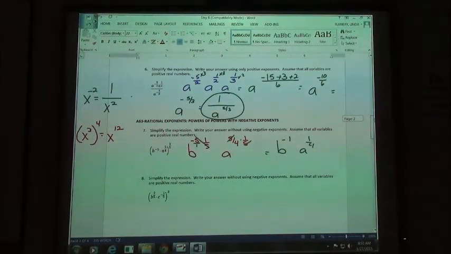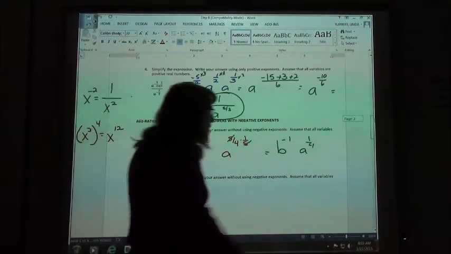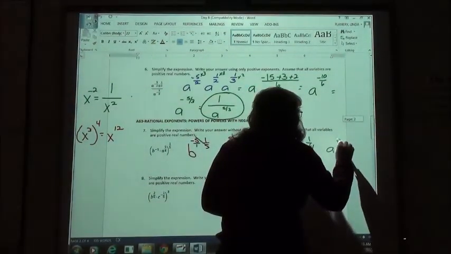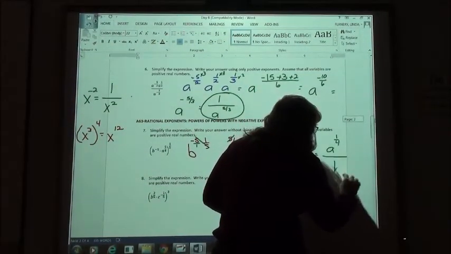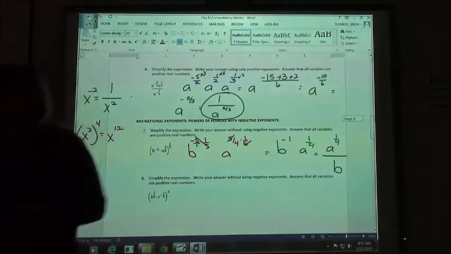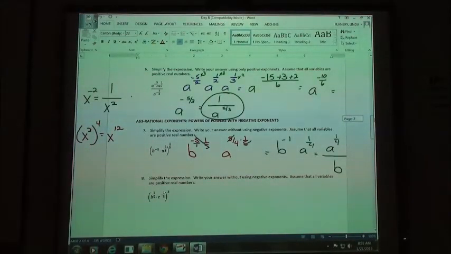One little thing we need to fix with our answer, because we don't want that negative exponent. What am I going to do with my b? Since I have the a to the 1/4, I'm just going to move it down underneath, so I'm going to have a to the 1/4 over b. And I don't need the 1st power, so I'll leave that off.